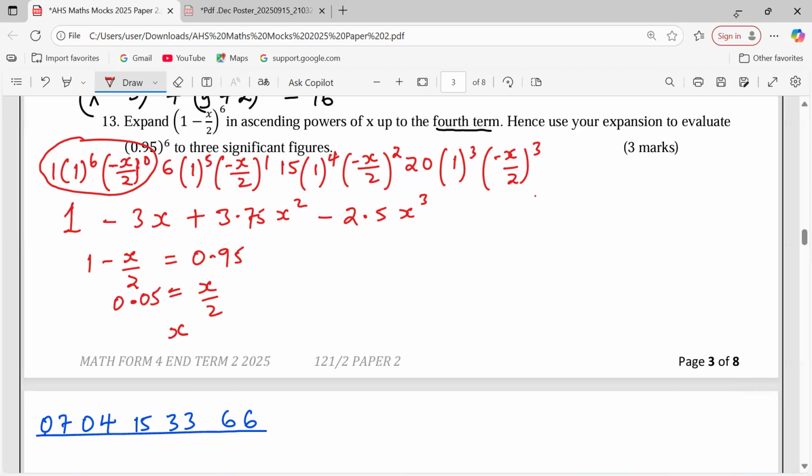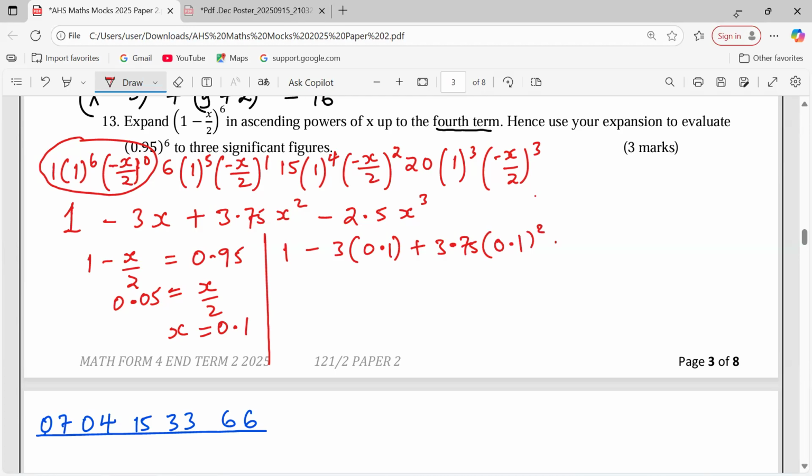How would you remain with x? You multiply both sides by 2, giving us 0.1. So the value of x is 0.1, meaning that we can substitute this value in the expression: 1 minus 3 into 0.1 plus 3.75.